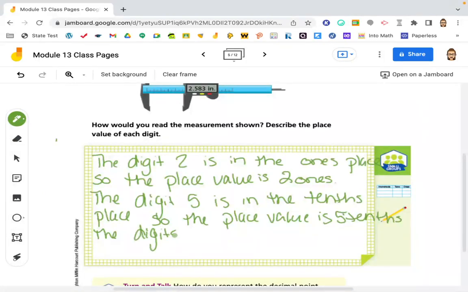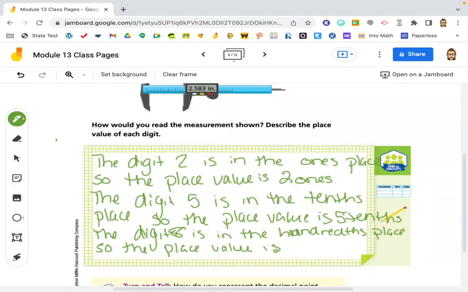The digit 8 is in the hundredths place. So the place value is 8/100.